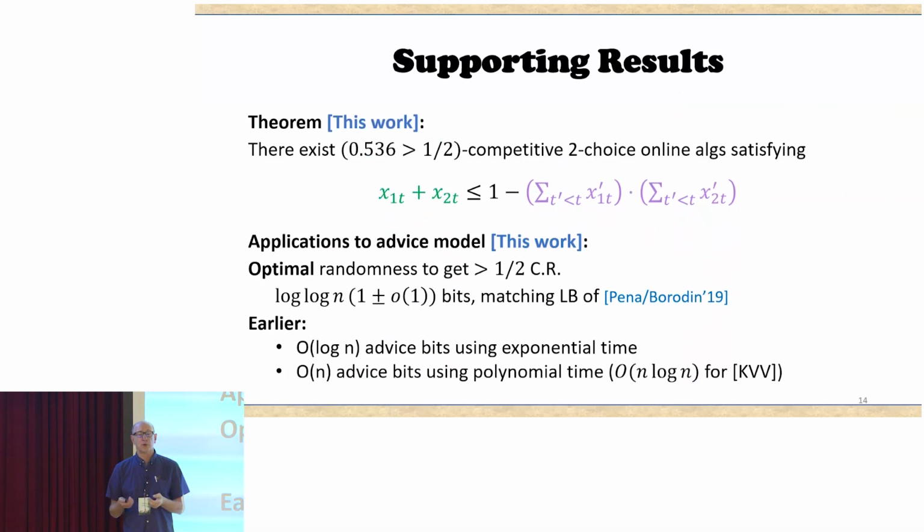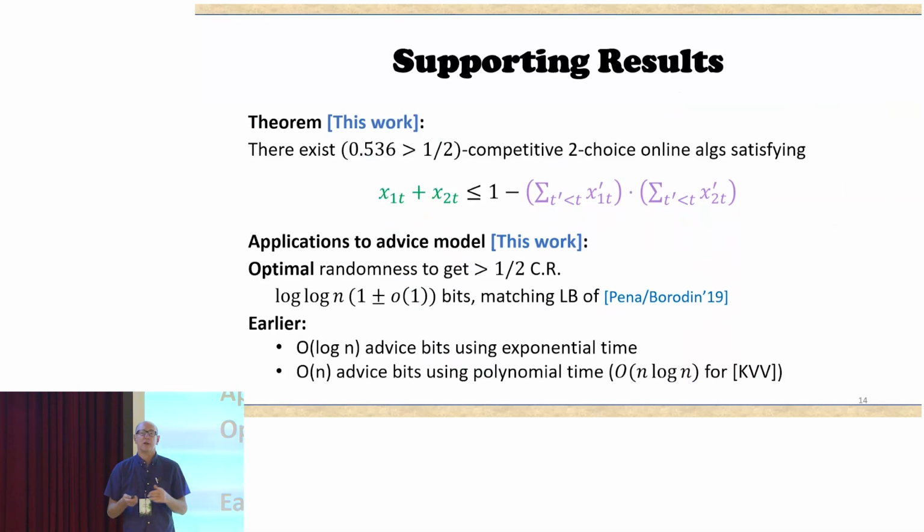Another open question, of course, is first of all, can we get 1 minus 1 over e with lossless rounding? One natural approach would be to take this new constraint and generalize it from two choices to any number of choices. Unfortunately, this is not enough. We can show that fractionally, when we generalize this constraint, we can get a 1 minus 1 over e competitive factor, but unfortunately we don't know how to round this.